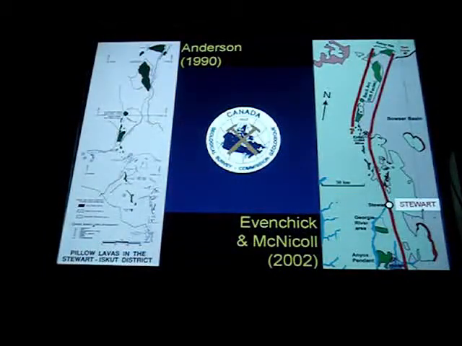The story starts with the discovery of the Eskay Creek deposit in 1988, but by 1990, Bob Anderson, in a short written progress report and in a lecture, produced this study on the left. He lined up about 23 different patches and pieces of pillow basalt rocks that were in the literature and that he had mapped during his work in the central area.